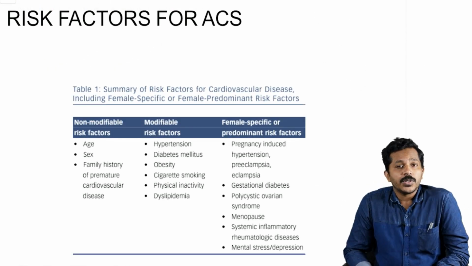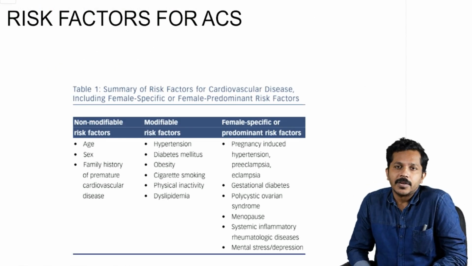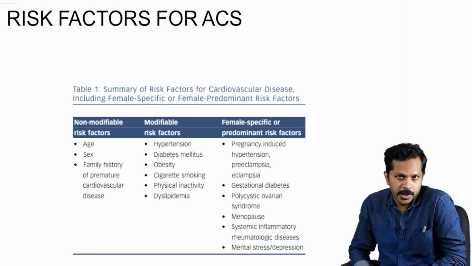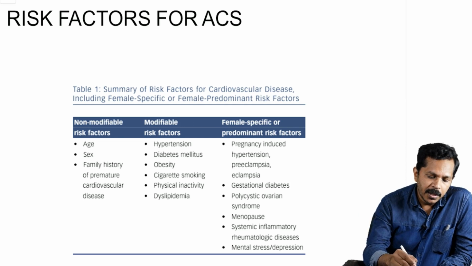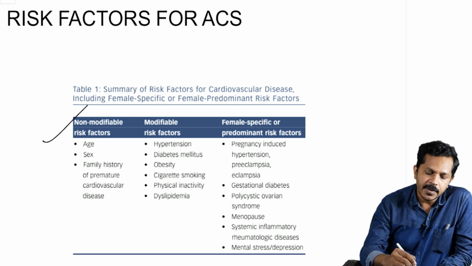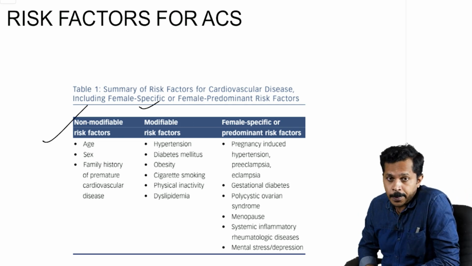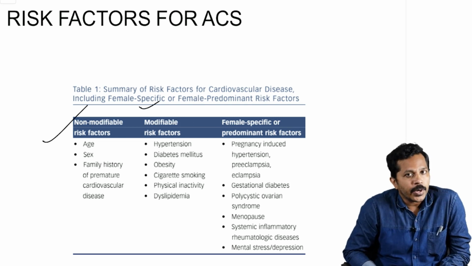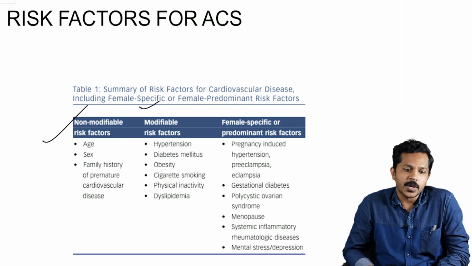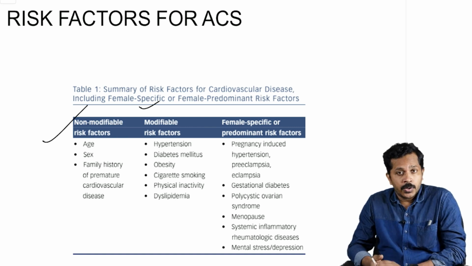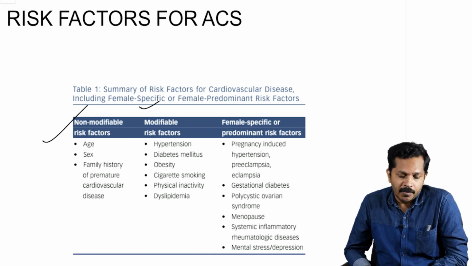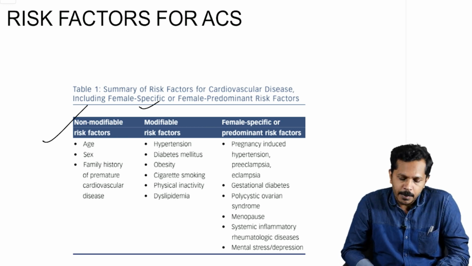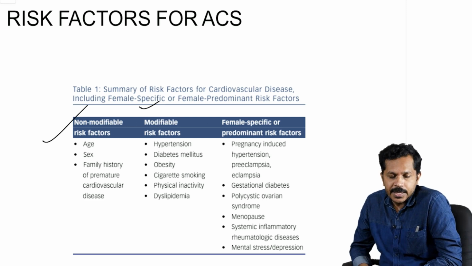So now, to understand this point in detail, we will see what the risk factors of acute coronary syndrome are. Here you can see that there are non-modifiable risk factors as well as modifiable risk factors. Non-modifiable means you cannot change them, like age, sex or family history. While the modifiable risk factors are diabetes, hypertension, obesity, smoking, physical inactivity and dyslipidemia.